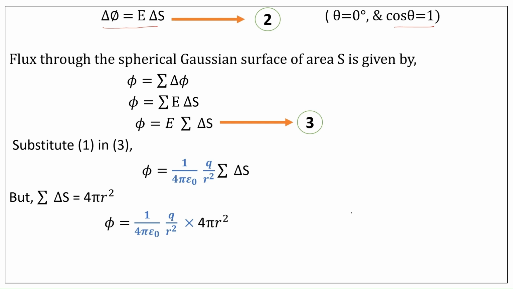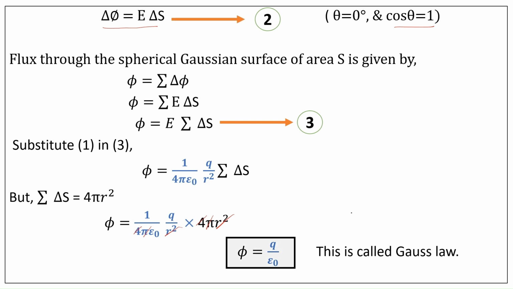Therefore, phi is equal to 1 by 4 pi epsilon naught into Q by R square into 4 pi R square. On cancelling the terms, 4 pi R square from numerator and denominator, we get final equation, that is, phi is equal to Q by epsilon naught. This is called Gauss law.